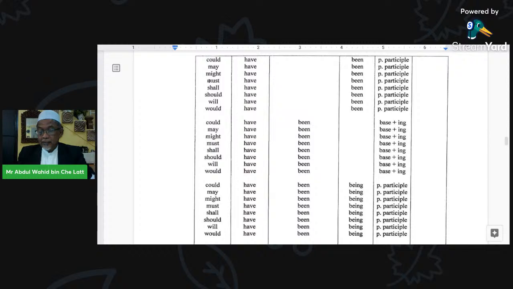You have might, and then in column 4 you have have, column 2 you have been, and column 1 is in the form of past participle. Therefore, mungkin will be might, telah will be have, D is been, participle is kept. So the whole verb phrase will be might have been kept.